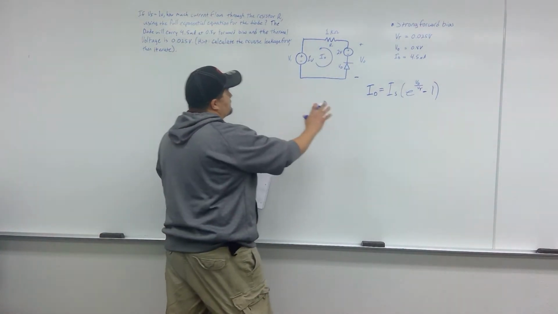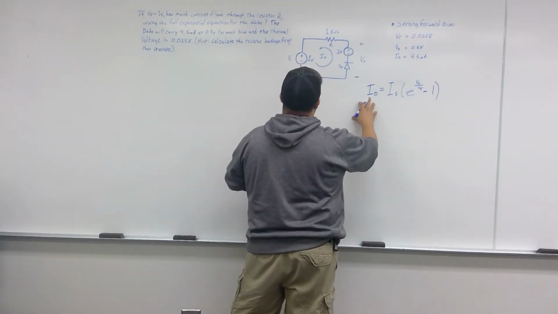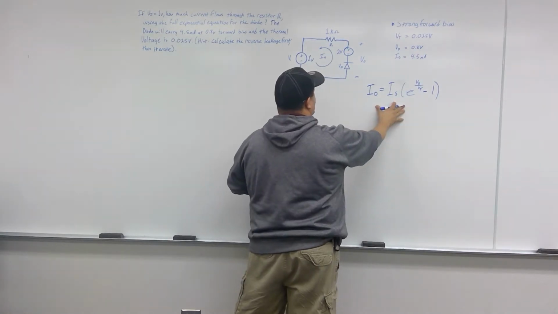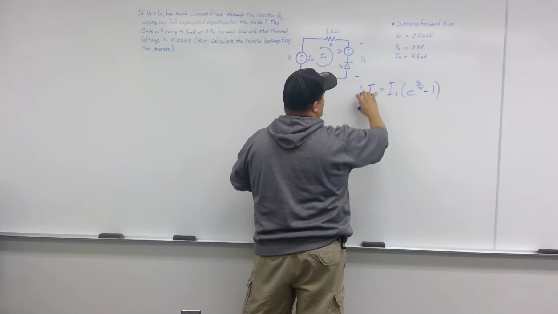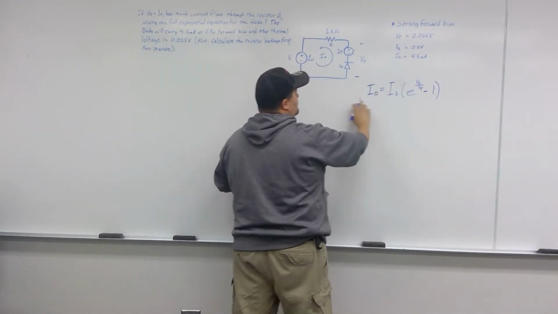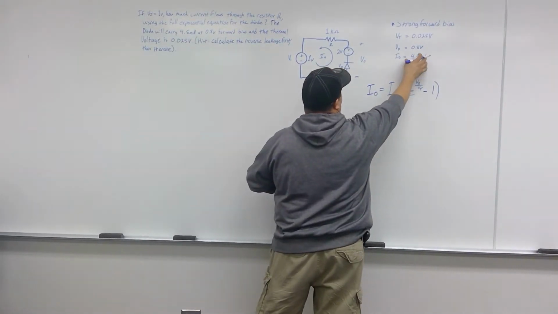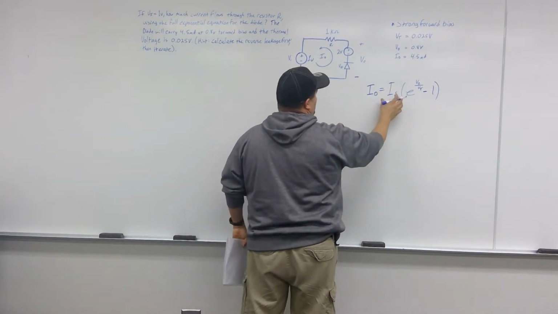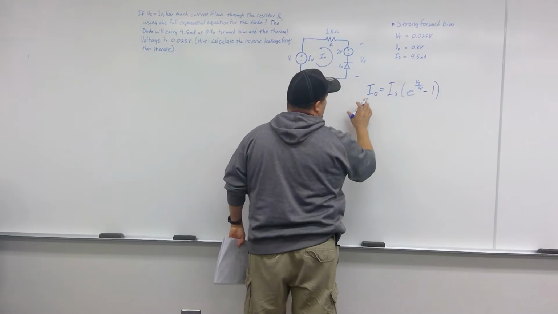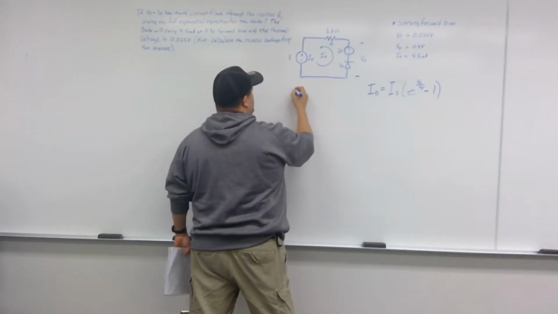So to calculate the reverse leakage, we're going to use this equation. We're given the ID for this particular diode. We're also given the current and the VD. So we rework this equation so we can isolate the IS.